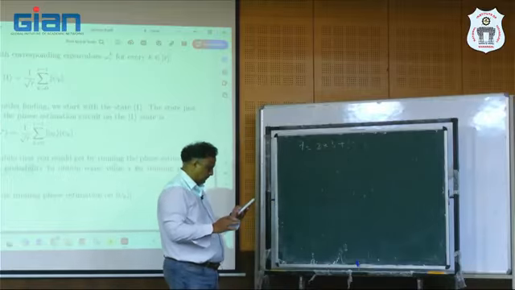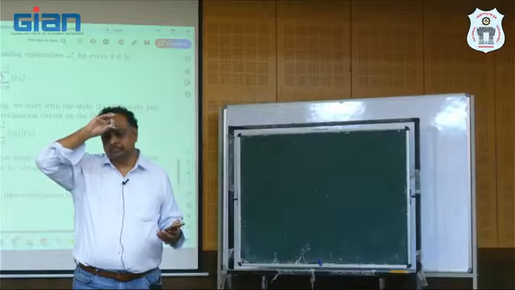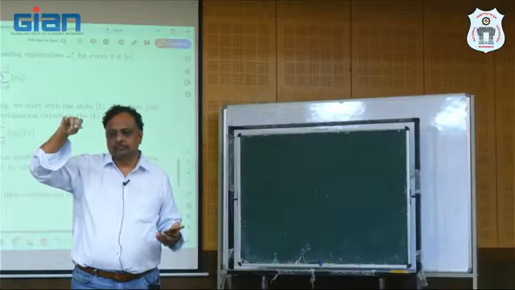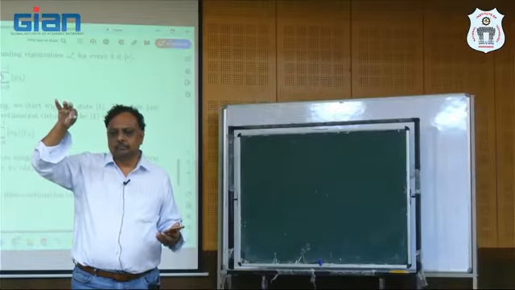Let's run it on an example. Let's say the GCD of 18 and 21. What is the GCD? 3.